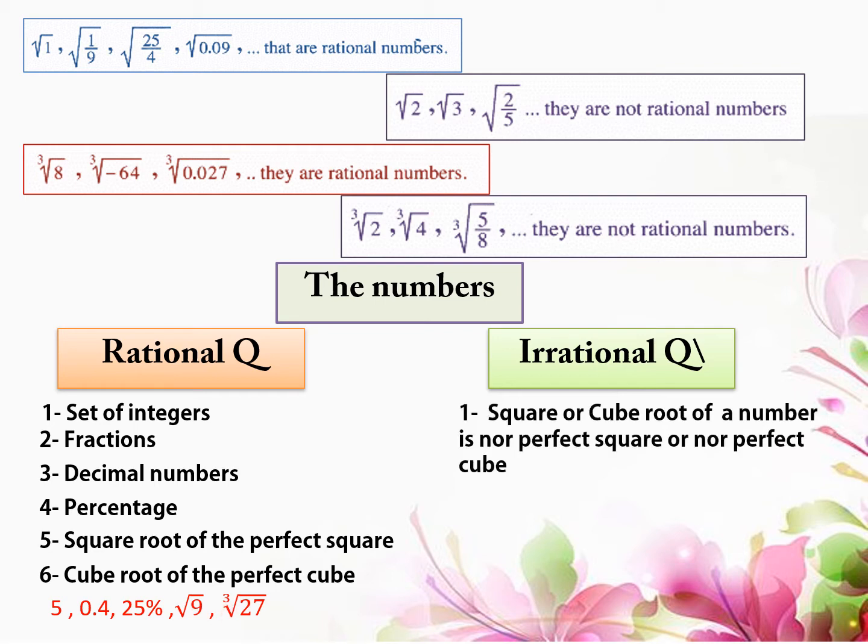On the other side, the irrational numbers. We can find the irrational numbers in two forms: square root of non-perfect square numbers, and cube root of non-perfect cube numbers.